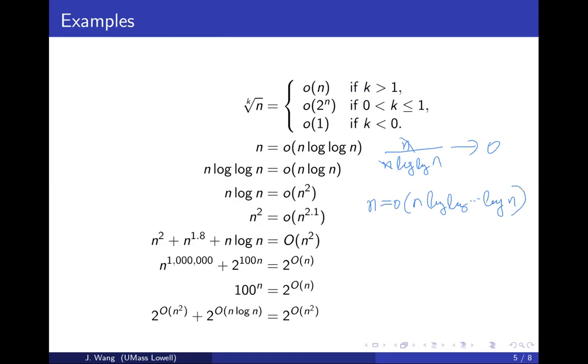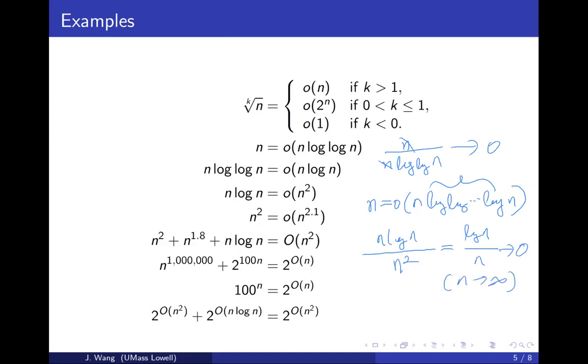Then n log n is small o of n squared, because n log n over n squared is equal to log n over n, which goes to 0 when n goes to infinity.